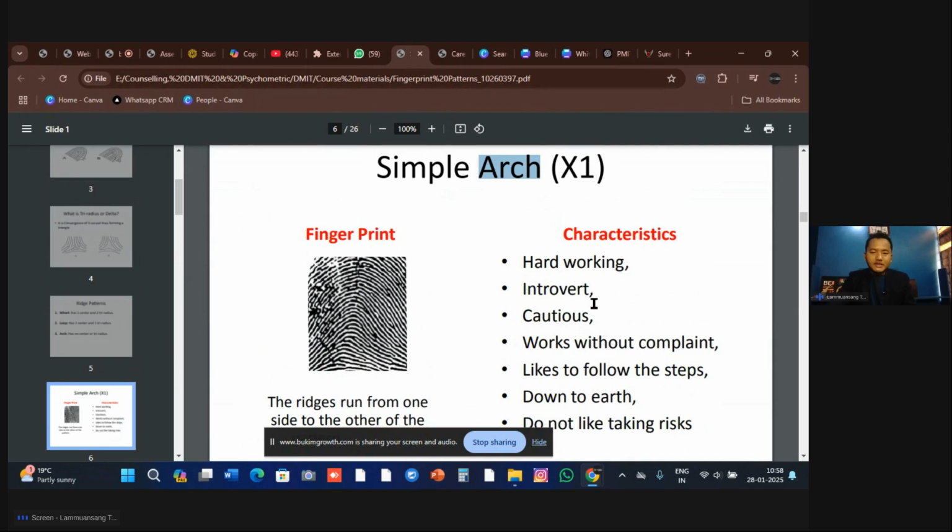These are the characteristics. So whenever you see this type of fingerprint, no center, no tri-radius, just like a mountain going up, this is what we call X1. That is arc. All the X codes belong to arc. Arc is what? Influential personality, right? Influential.